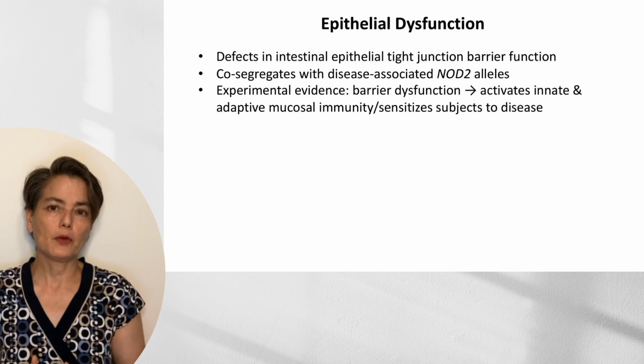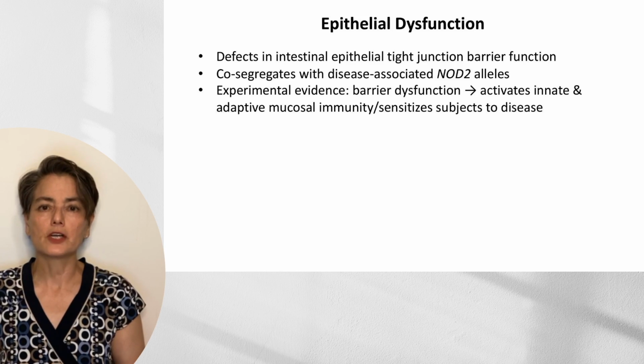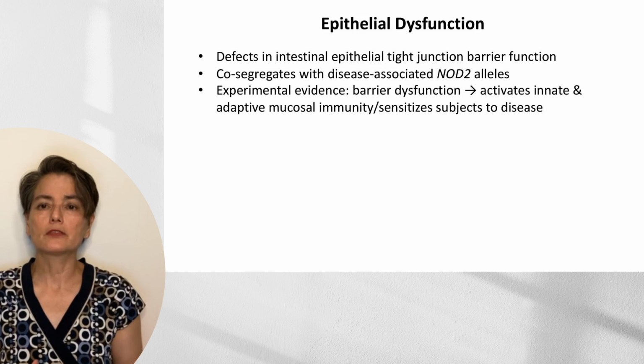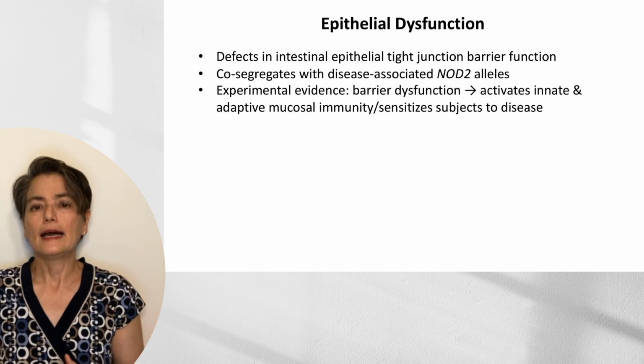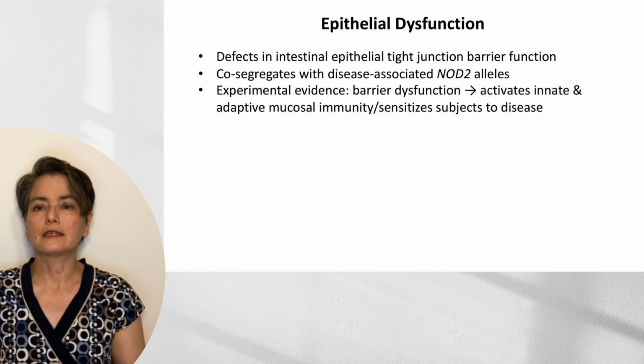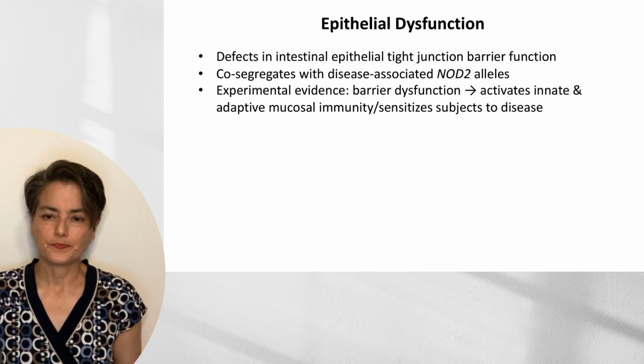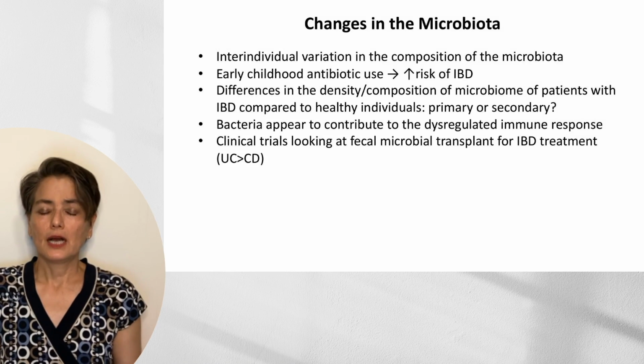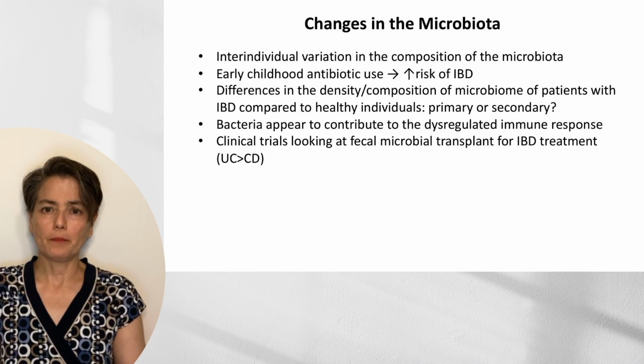So that was one way that we recognize the epithelial dysfunction. And then there's a lot of experimental evidence that shows that barrier dysfunction activates innate and adaptive mucosal immunity and sensitizes subjects to disease. This brings us to our final issue, which is changes in the microbiome.